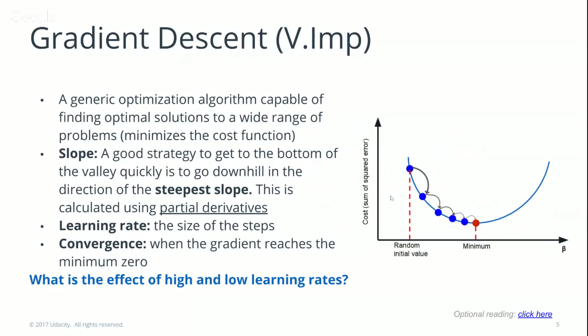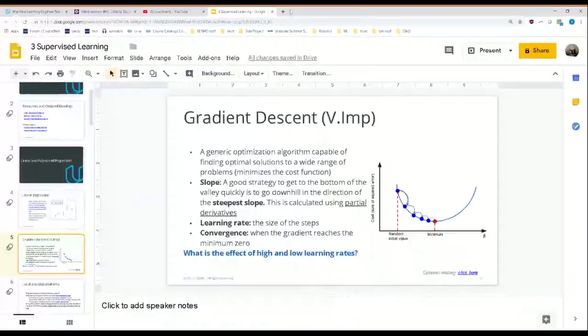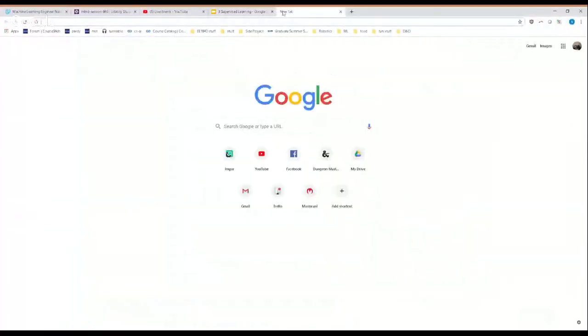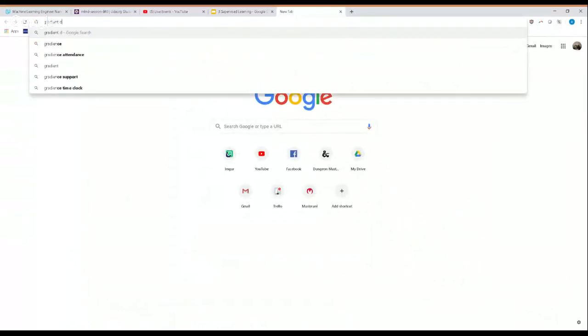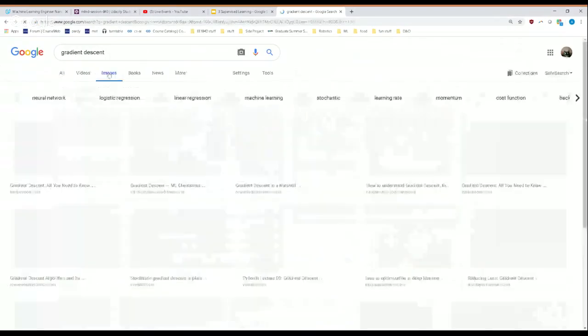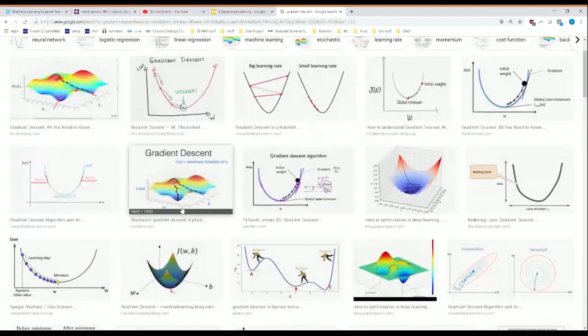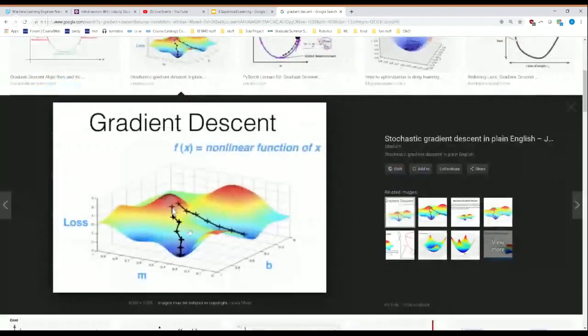I wish I included a graph of this here. Let me see if I can find one real quick on Google. Yeah, so taking a look at this graph here, you notice how there are two valleys.